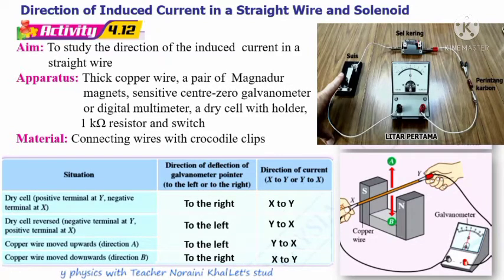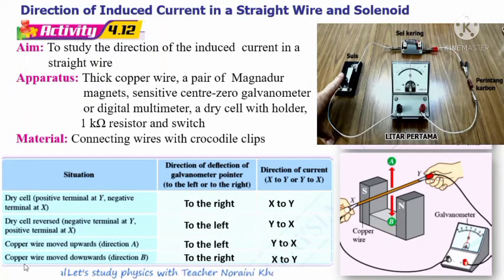By using Fleming's right-hand rule, we determine that the direction of current is from Y to X. So when it is Y to X, the pointer will deflect to the left.